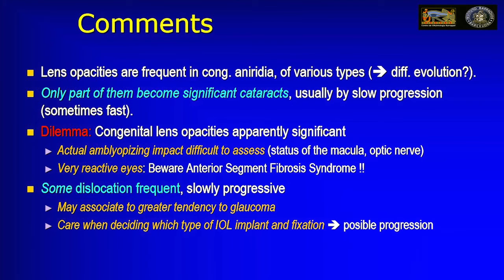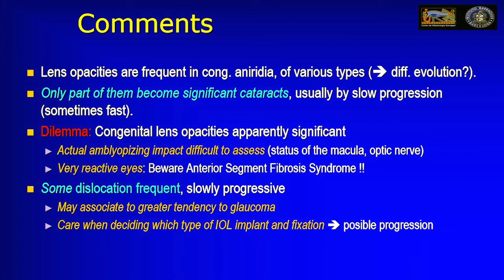So, from the point of view of the clinician, our biggest dilemma, in cases of congenital lens opacities with a degree which looks significant, or a child with this kind of situation, is how to evaluate the actual impact and the cause of amblyopia. Of course, this is sometimes very difficult because it depends on the macula, the optic nerve, and other factors.